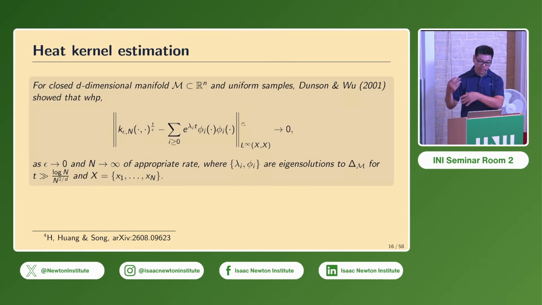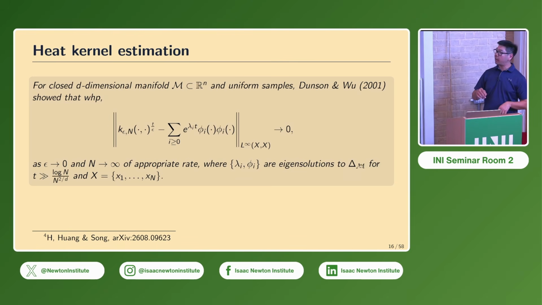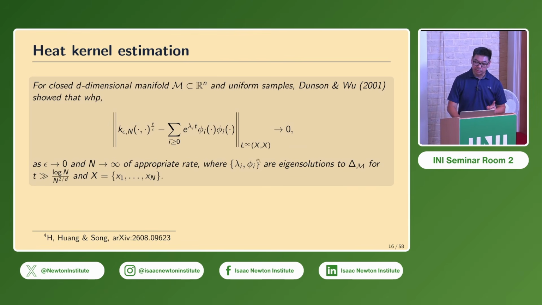I don't want to make a big fuss about it. Lambda and phi here represent the eigensolutions of the Laplace-Beltrami operator. They have these results with high probability, but the convergence is in L infinity over the training data X, which is finite.